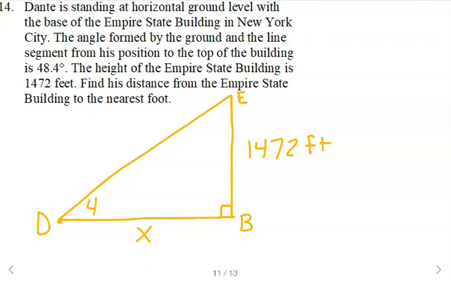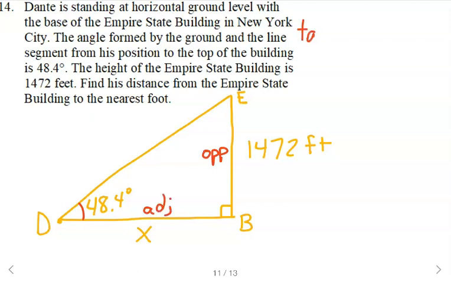And we know the angle between him and the top of the building is 48.4 degrees. All right, so from that angle that we know, we've got opposite and adjacent there. So we'll use tangent.